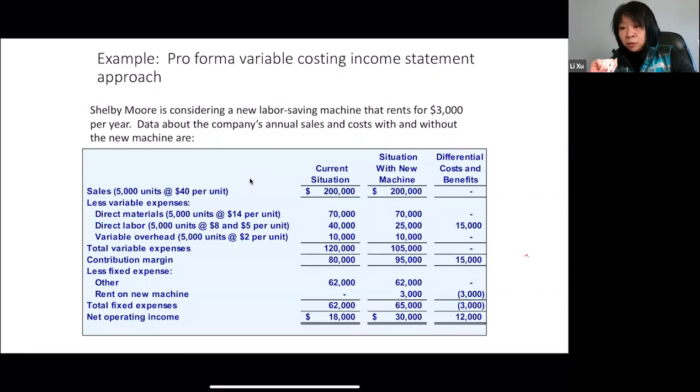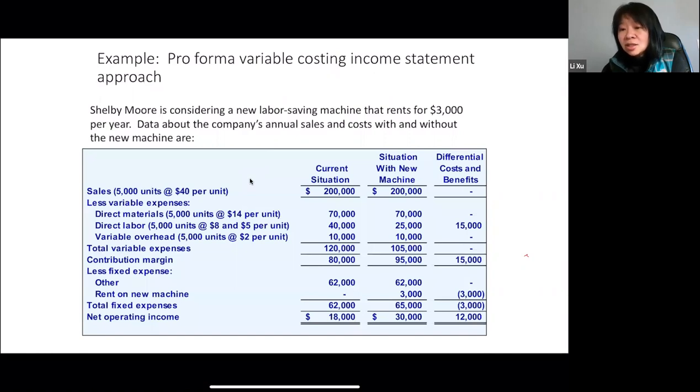Never use absorption format. Always use contribution margin format, okay? So here, you have all the sales, direct material, direct labor, variable overhead, the contribution margin, and here we have what happens if you have a new machine.